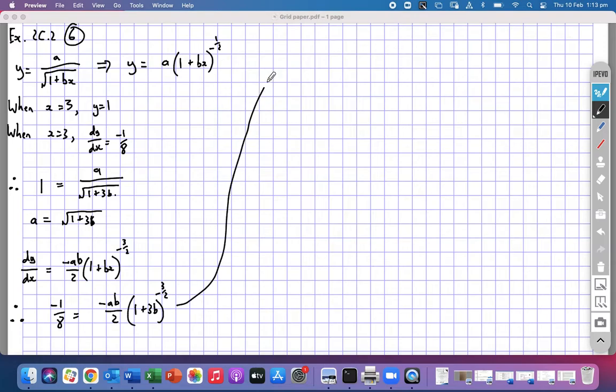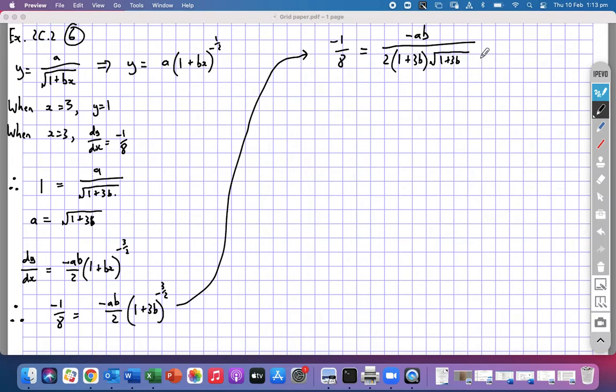I don't like working with negative powers, so I find it a lot easier to view something like this using a surd form. So I'm going to rewrite what I've just done, but instead of leaving it as minus 3 on 2 power, I'm going to write it like this: 1 plus 3b times the square root of 1 plus 3b, because this is all just the same thing.